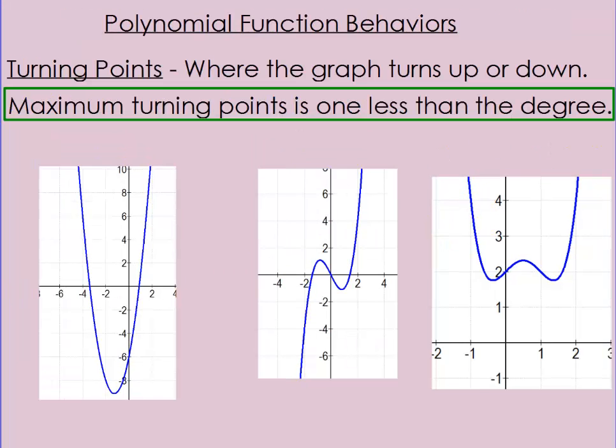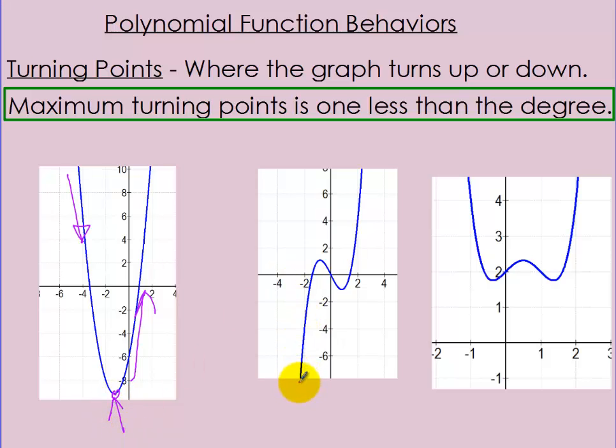Well, we have different behaviors of polynomial functions, and there are 2 words I want you to understand here. First thing is the turning points. Turning points are where the graph turns up or down, and we're talking about going from left to right. So if I'm going down at this part right here, you're going down, down, down, and then at this point, you start going up. So the turning point happens right here.